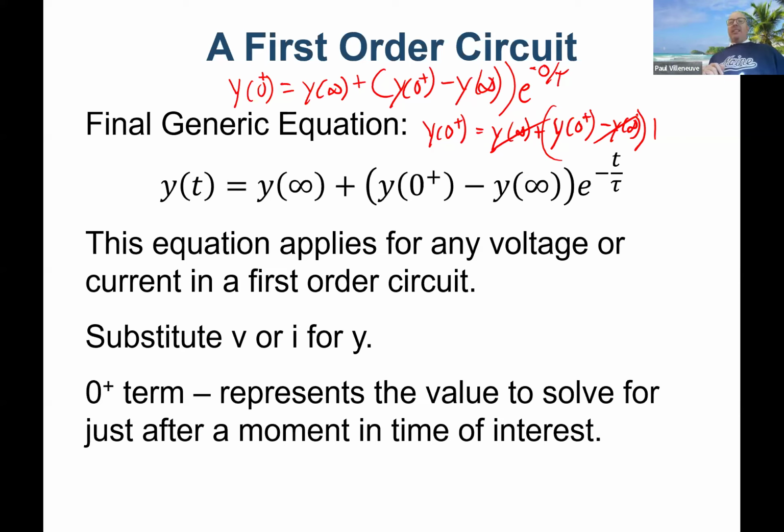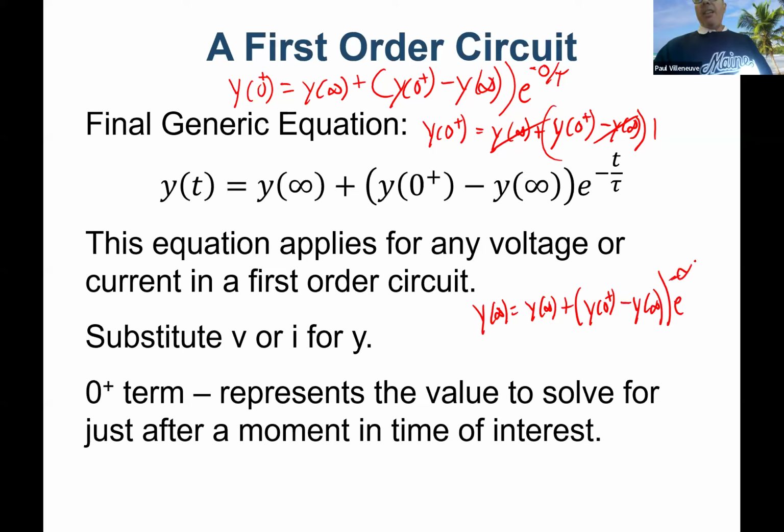So then the next thing is the y of infinity. What happens at y of infinity? So y of infinity equals y of infinity plus y of 0 plus minus y of infinity, times e to the minus infinity over tau. What is e to the minus infinity equal to? 0.